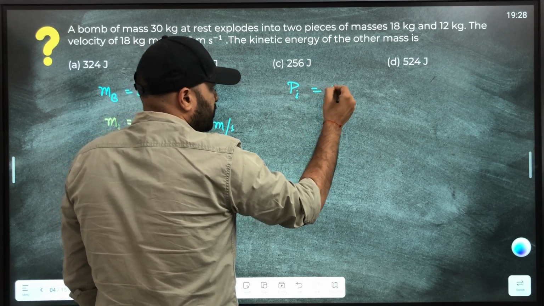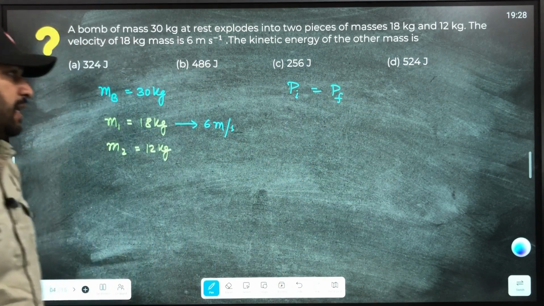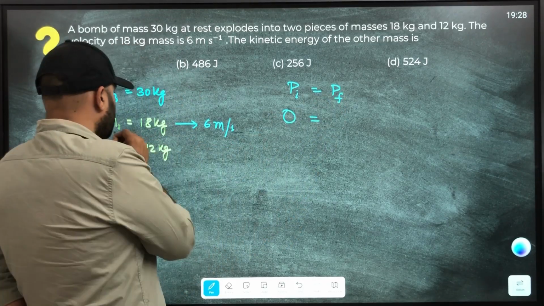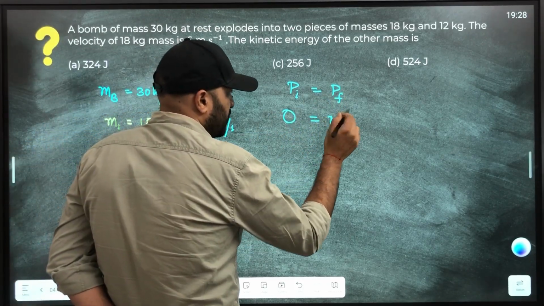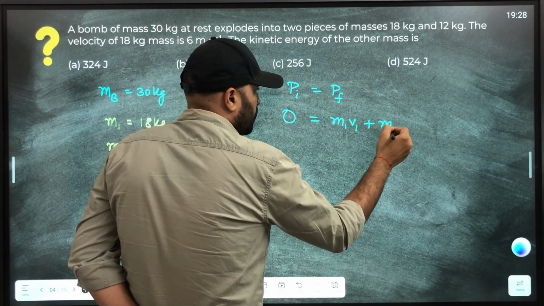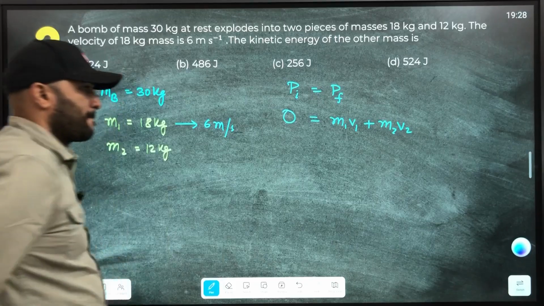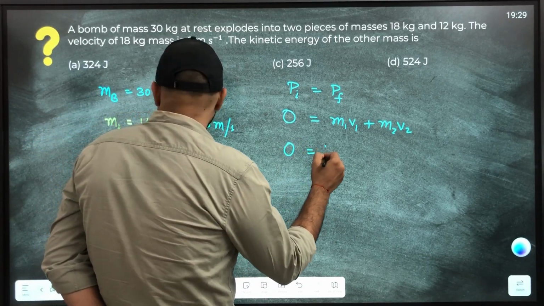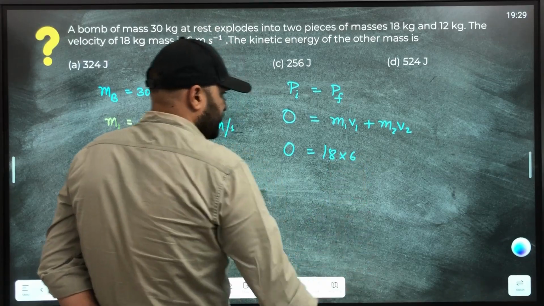Initial total momentum must be equal to the final momentum, correct? And initial momentum is 0 because it was at rest. Final momentum, let me just write the expression first, m1 v1 plus m2 v2, correct? I hope this is clear. And what is our m1? So m1 is 18 kg moving with 6 meter per second.